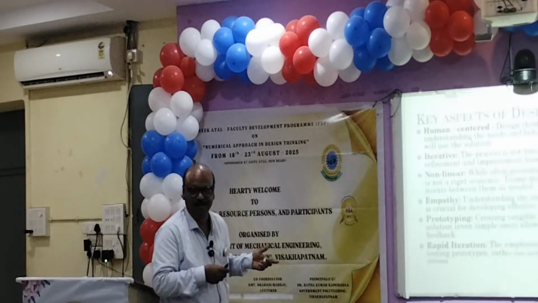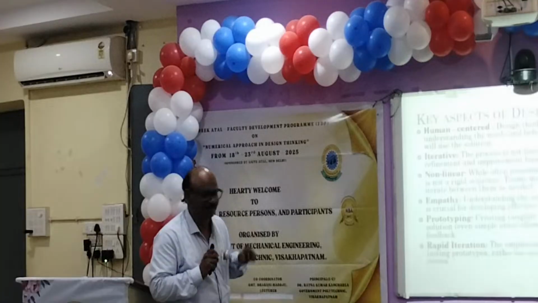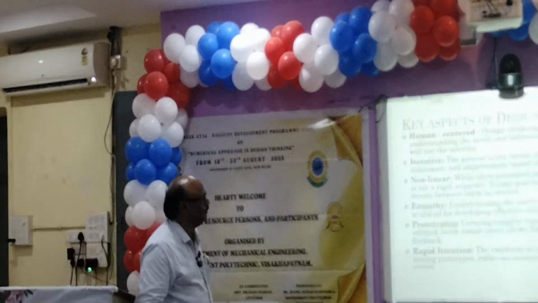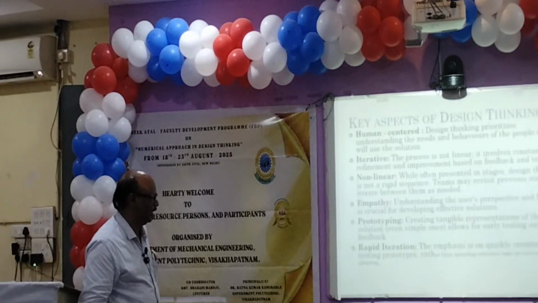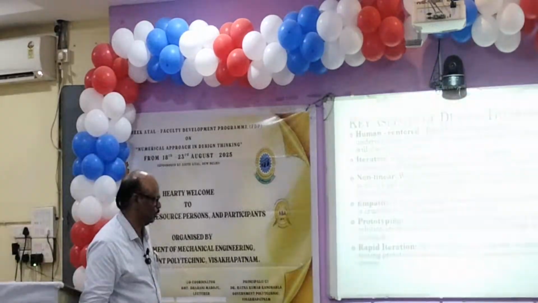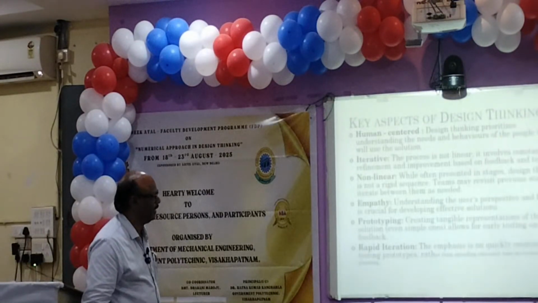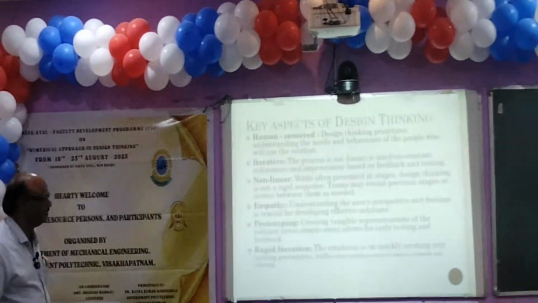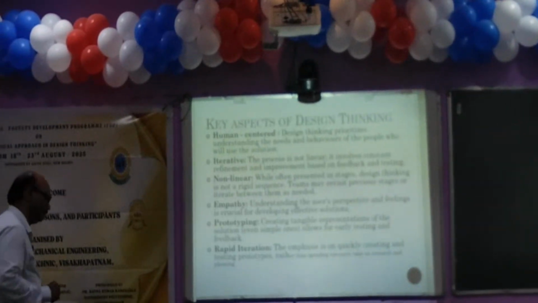Now, why I am telling is, it is somewhat boring and very abstract. So the key aspects of design thinking are human-centered, iterative, non-linear, empathy, prototyping, and rapid iteration. Design thinking prioritizes understanding the needs and behaviors of the people who will use the solution.